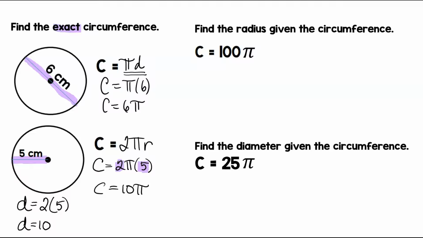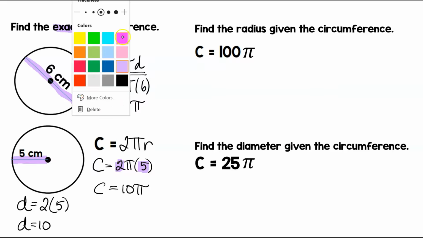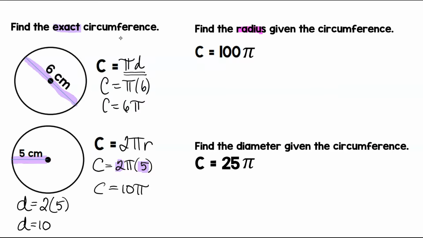Now these ask us to work backwards. We're going to have to find the radius given the circumference. So underneath here, I'm going to write c equals pi d. Now, if c equals 100 pi, and if c is pi d, we know that 100 pi, let me just erase that, I missed a 0. 100 pi is equal to pi d. In order to get the radius, we first need the diameter.